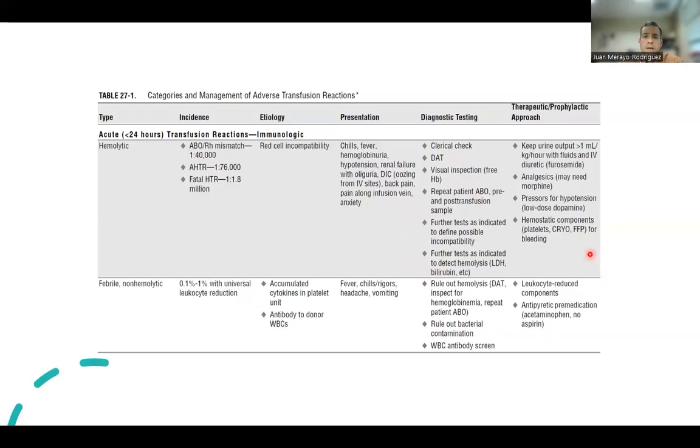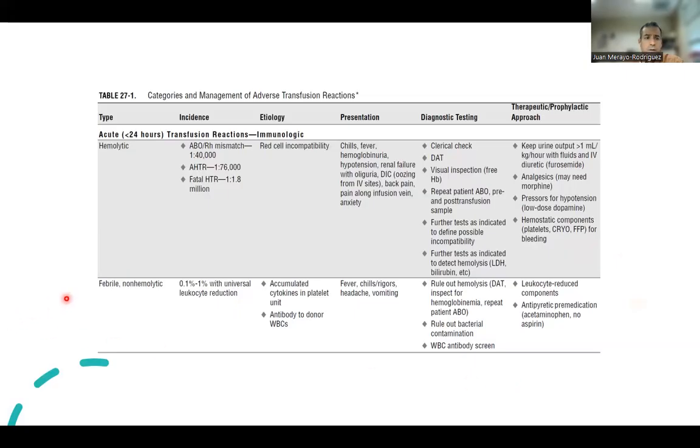For therapy, keep the urine output about 1 milliliter per kilo per hour, and diuretics can be used to help. Analgesics for the pain and pressors for hypotension, and also some components may be needed like platelets and cryo or FFP if the patient starts bleeding.